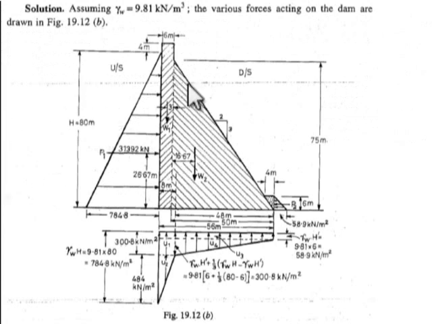This is the typical sketch in which all the calculation has been shown. You do this calculation yourself, it is a very simple calculation. This is the water pressure diagram, this is the uplift pressure diagram, and these are the weights of the dam, vertical downwards. These are the horizontal forces. Uplift pressure acts in the upward direction.